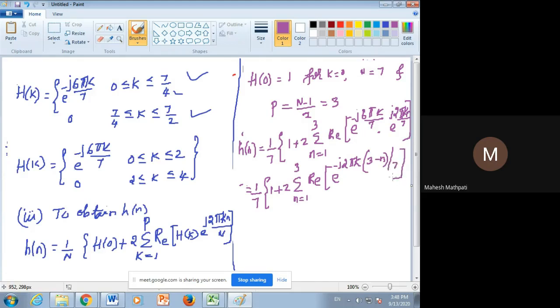Okay. 3 minus n by 7. Now, this equals to, again, we can write it as... this equals to, how do we simplify this?